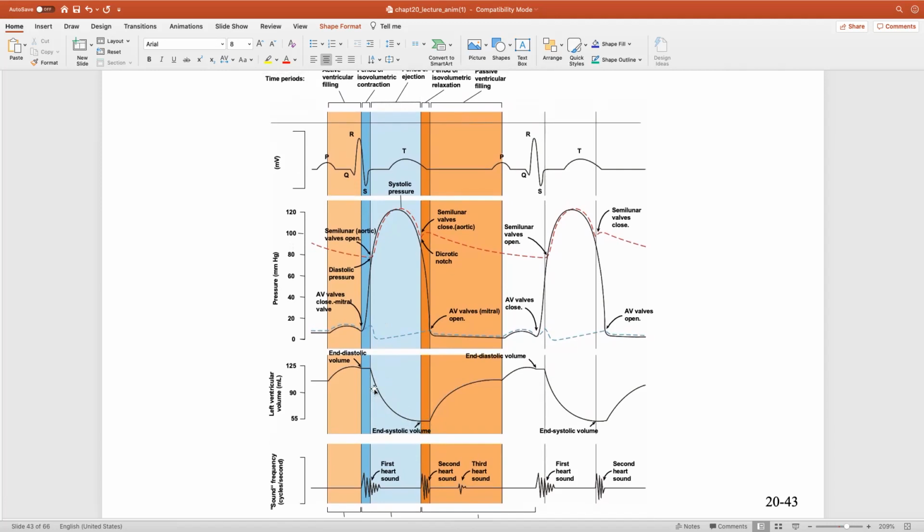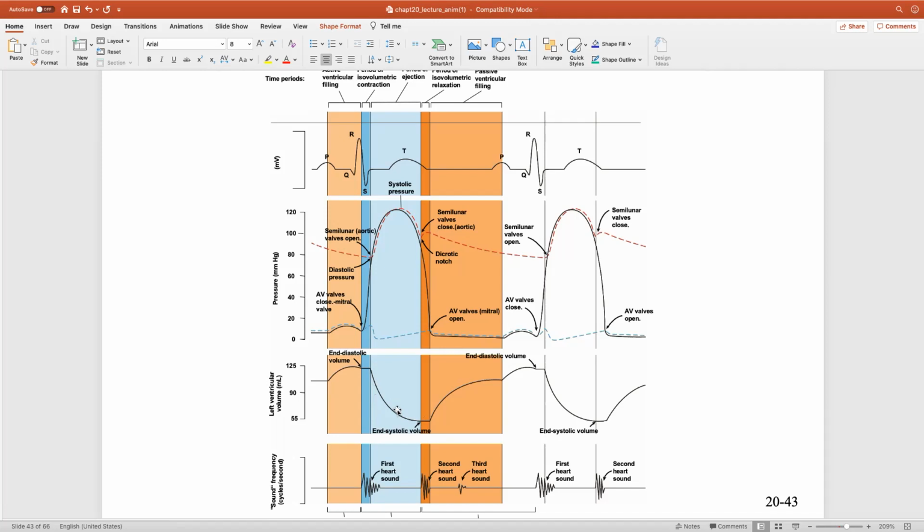So in a normal, perfectly healthy person, we start off with an end diastolic volume of 125. That's how much is in the left ventricle right before systole. Then we eject only 70 milliliters. So if you take a look at that, we're barely over 50%. 70 divided by 125, we're at 56% ejection fraction, right?